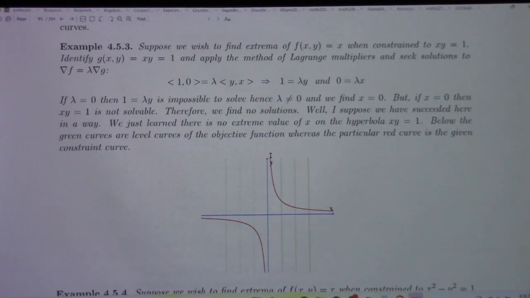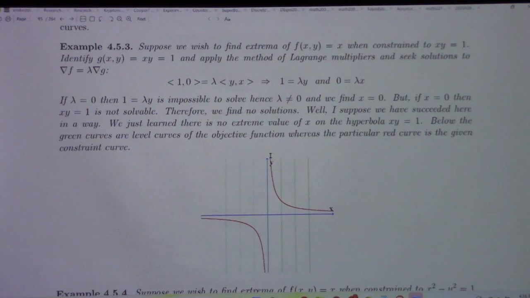Lambda equals 0 doesn't work, because then I can't solve the 1 equals lambda y equation. So I must have x equals 0 for the Lagrange multiplier equations. But if x equals 0, then xy equals 1 is not solvable. So we find no solutions.